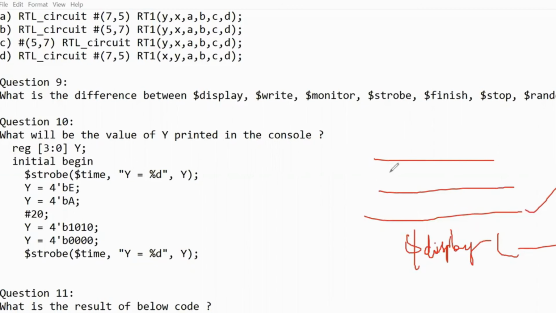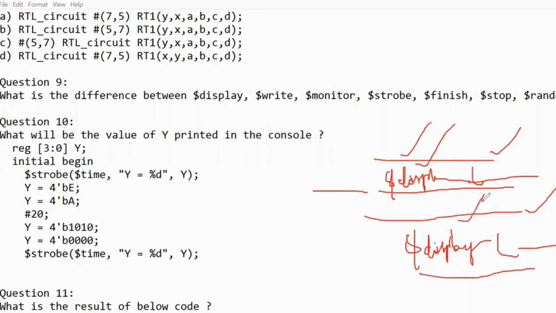Suppose I am taking $display after the first statement, then this first statement will be executed. The middle statement will not execute because $display means it will print immediate values. So before the $display statement, and for this display statement, it is the before statement. That's why the first and third statements will be executed.